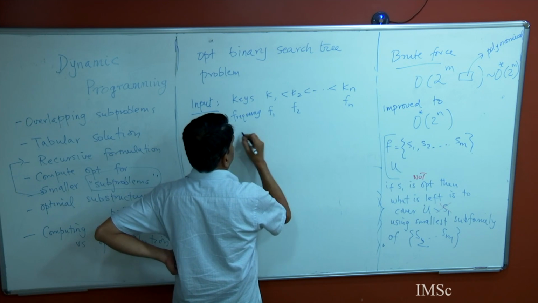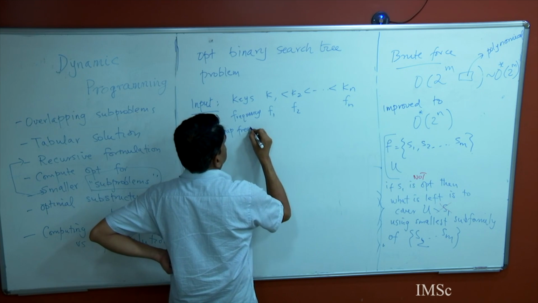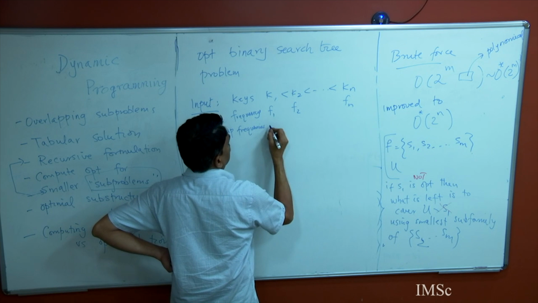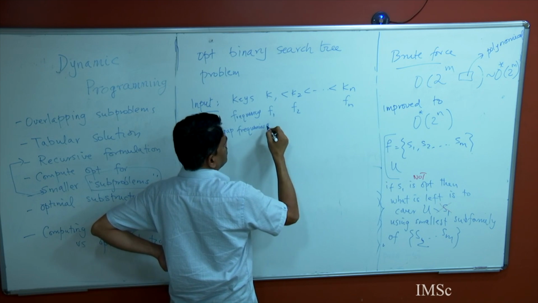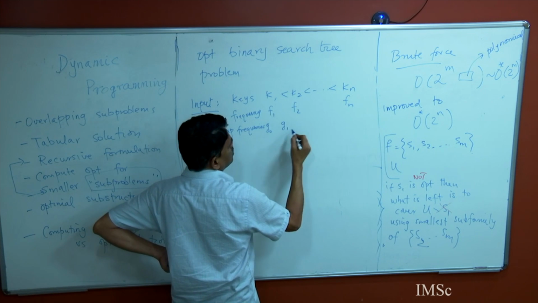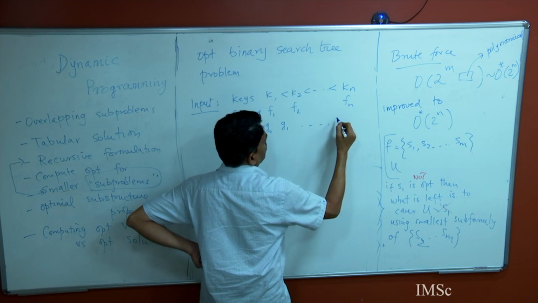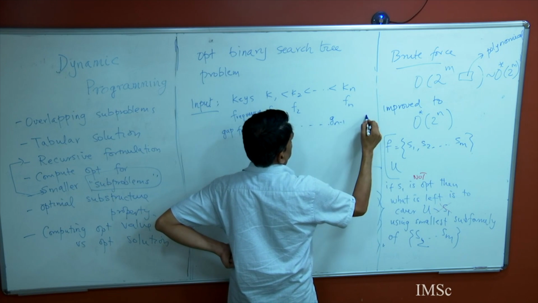And let us also write down gap frequencies. G0: anything less than k1 is going to be accessed G0 times, anything between k1 and k2 is going to be accessed G1 times, and so on up to Gn minus 1 and Gn.